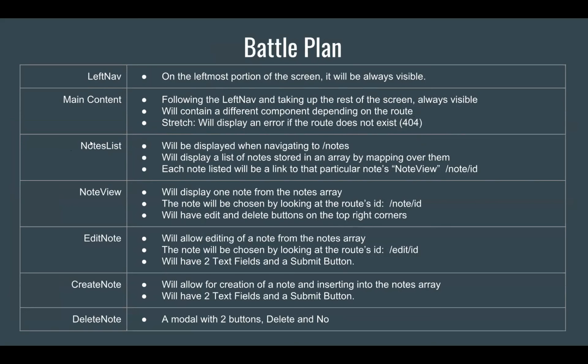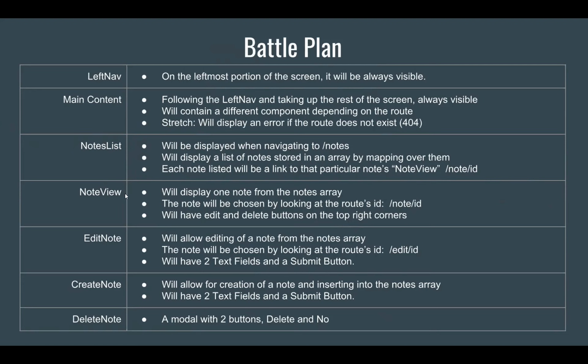Then I would have a notes list component, will be displayed when navigating to /notes, display a list of notes stored in an array by mapping over them. Each note listed will be a link to that particular note view, going to the note/ID. So the link will go there.